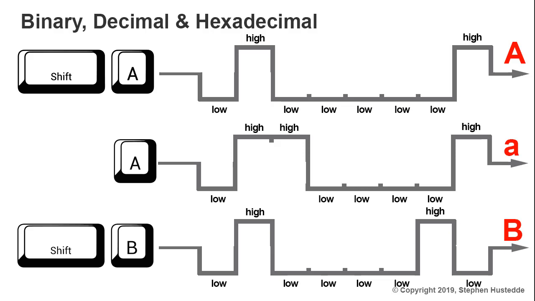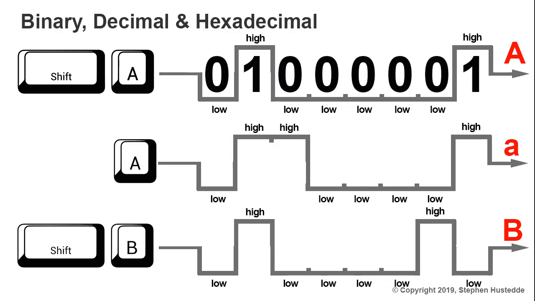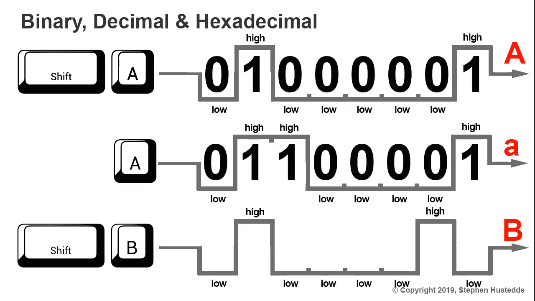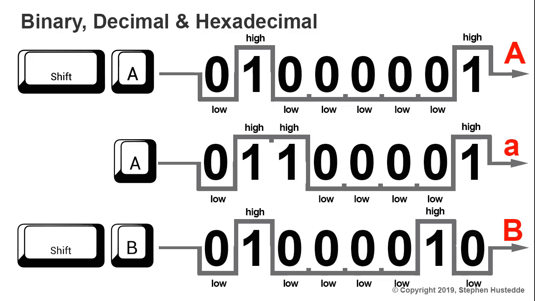So each key on our keyboard sends a different sequence to our computer. It really is voltages, but we can think of it in terms of zeros and ones for these different sequences. And so a capital A is 0, 1, 0, 0, 0, 0, 0, 1. A lowercase a is 0, 1, 1, 0, 0, 0, 0, 1.